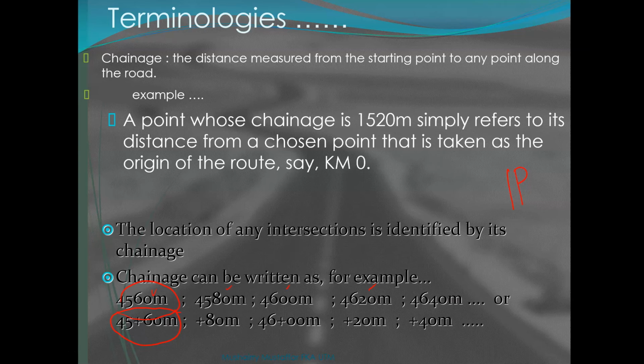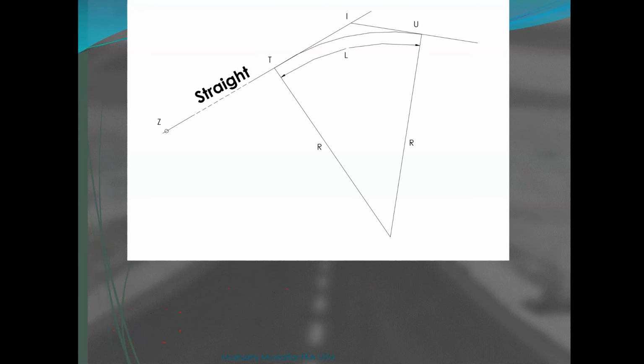So that's chainage, what we call identifying where we are on the curve. Another thing to note when we talk about chainages: consider that's our straight, and consider Z is the starting point, the 0.